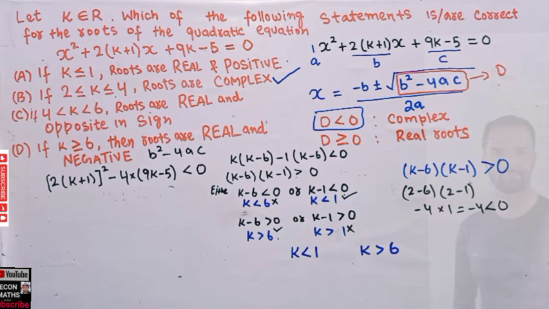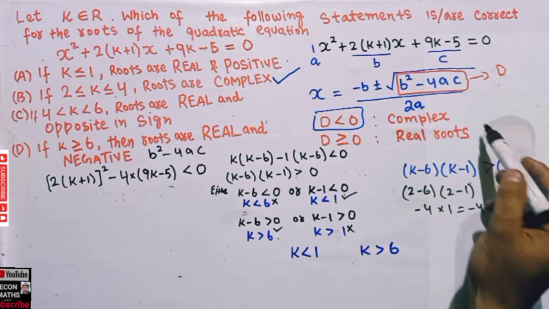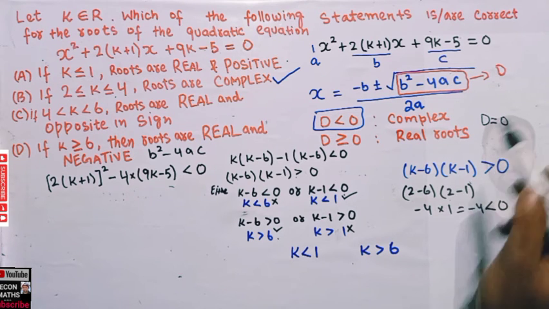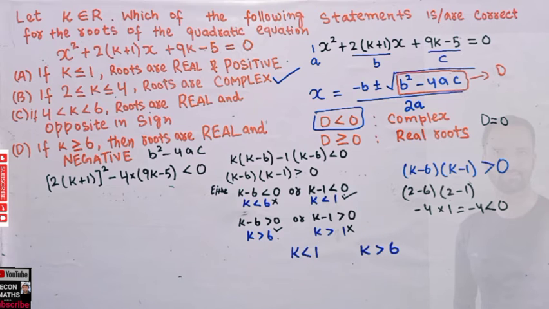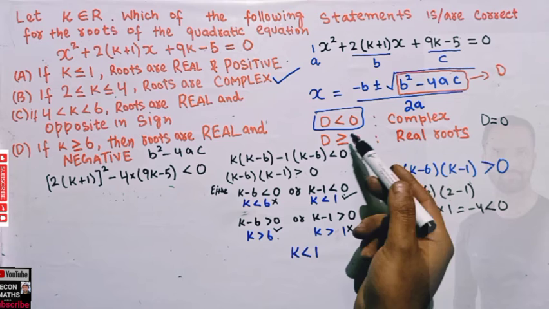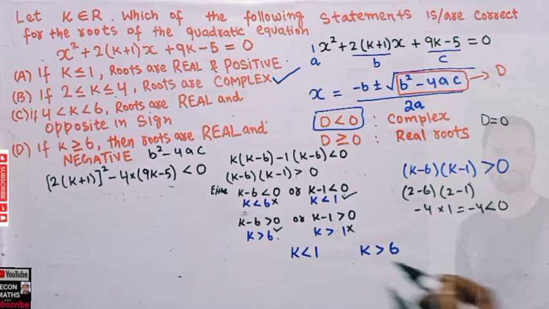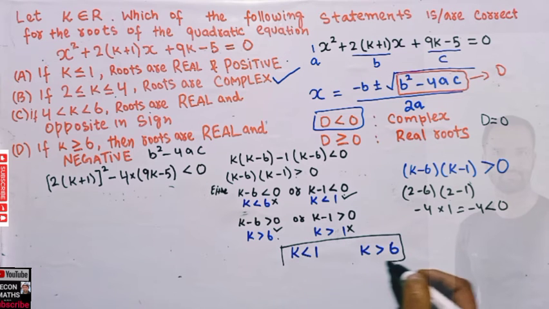Another condition is if d is equal to 0. Since we were talking about less or equal to, I should not use the equality sign in the previous condition; I will check for that condition separately.